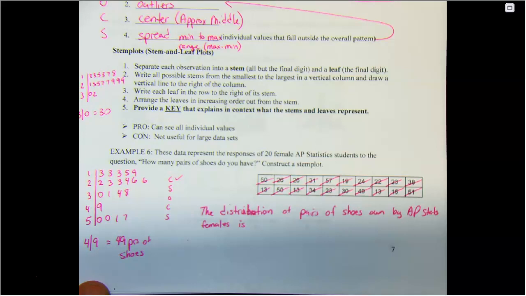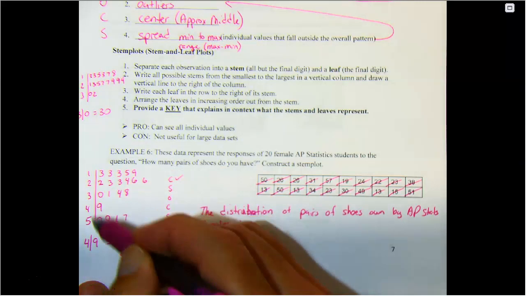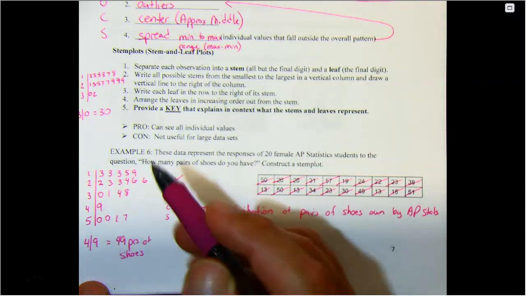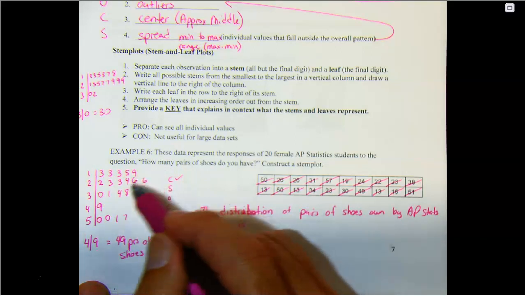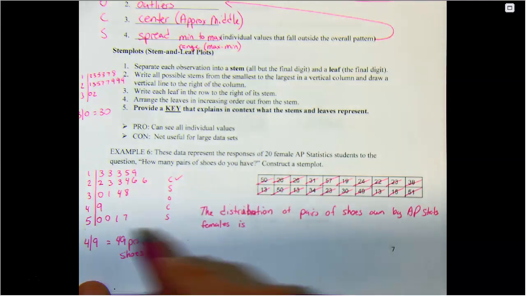So this one's a little bit hard. I mean, we got this big old pillar of 50s out here, but in general, this is going to be skewed right. Sometimes it's a little hard, depending on which way I need to look at that. This is going to be skewed right because I have a few large numbers out there.